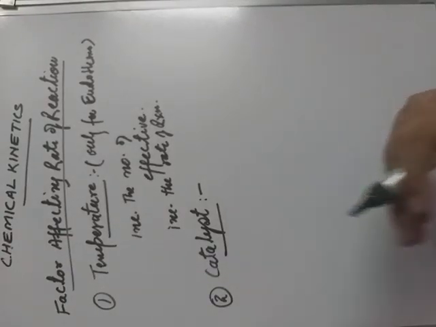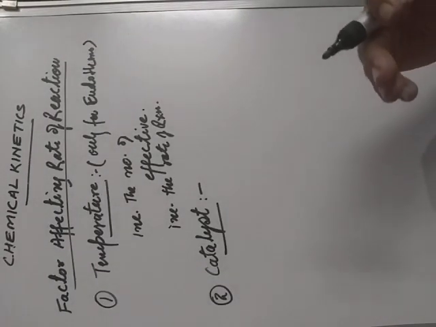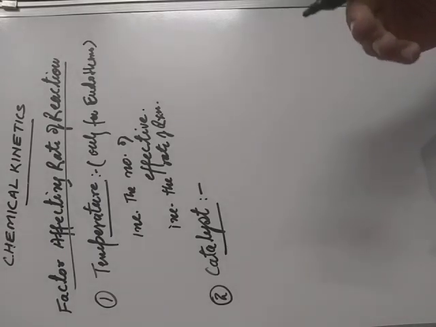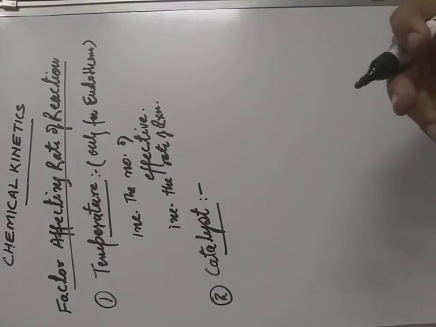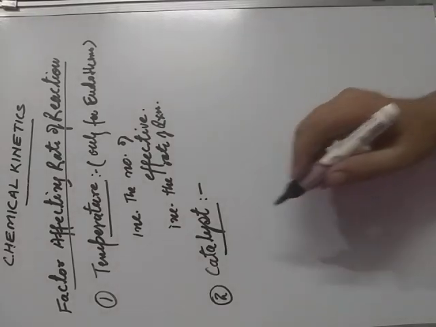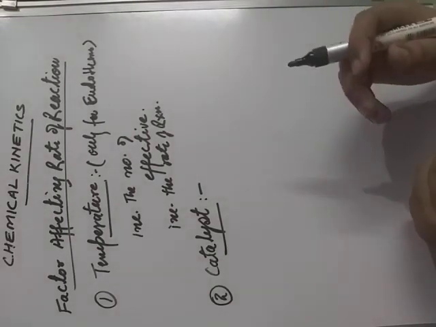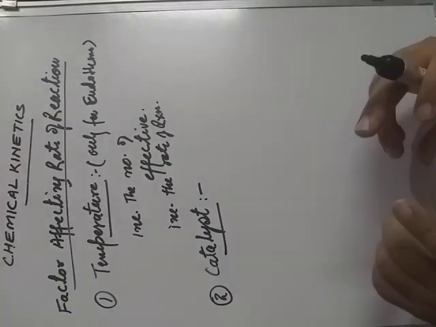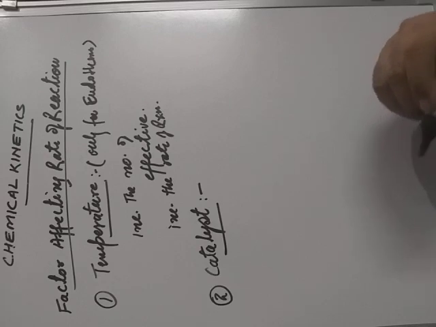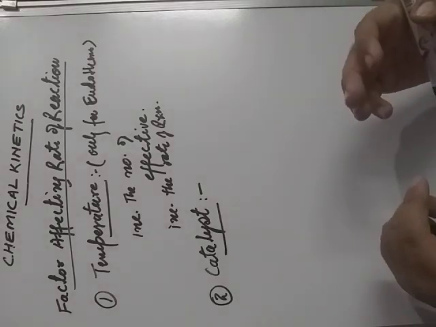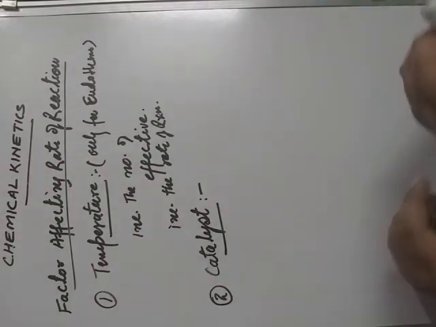Catalysts give an alternative path to the reactant to convert into product, and that alternative path has lesser activation energy as compared to the real path. In that case, the collisions that were not effective become effective and convert into the product.